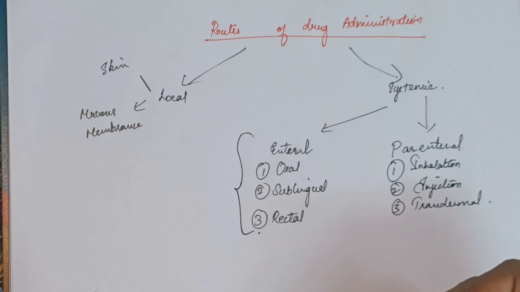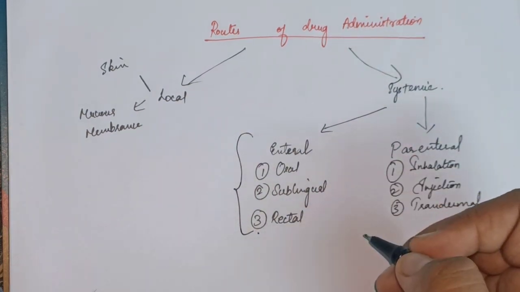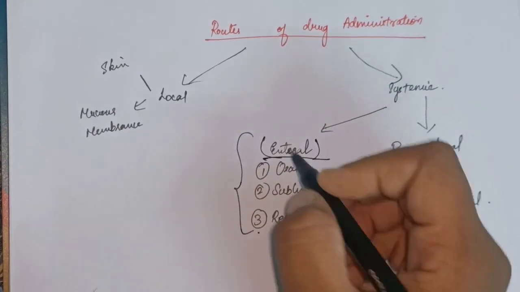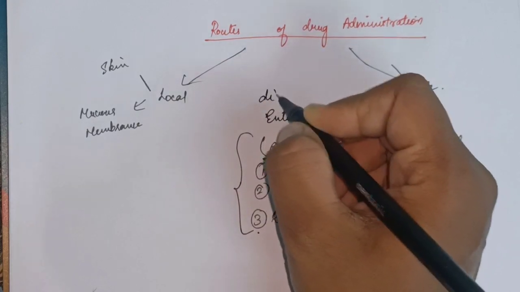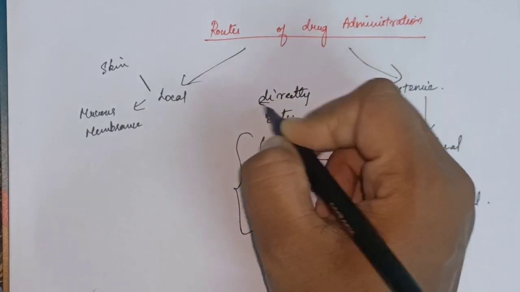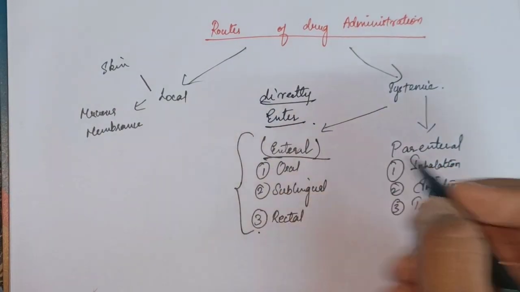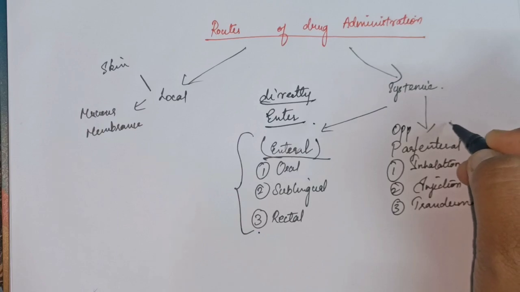First of all, to know these routes, you have to know what is meant by enteral and parenteral. Enteral is nothing but enter, that means directly entering. Parenteral: para means opposite, enteral means enter.